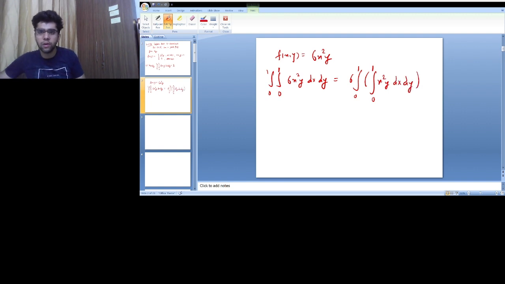So I need to treat y as a constant here, because we need to find the integral of dx first, right? Or let me just change this a bit. This is x²y dx dy, right?